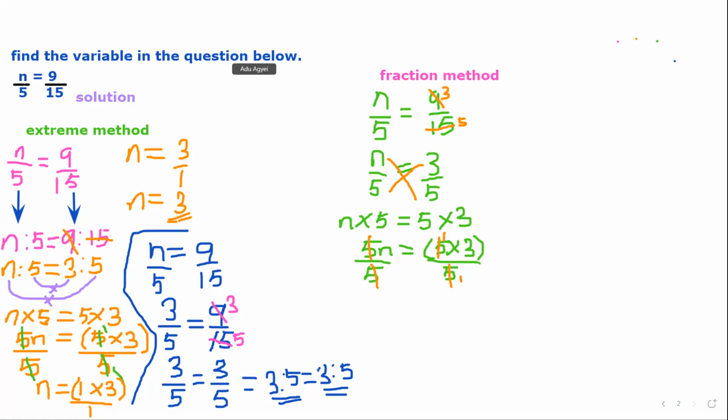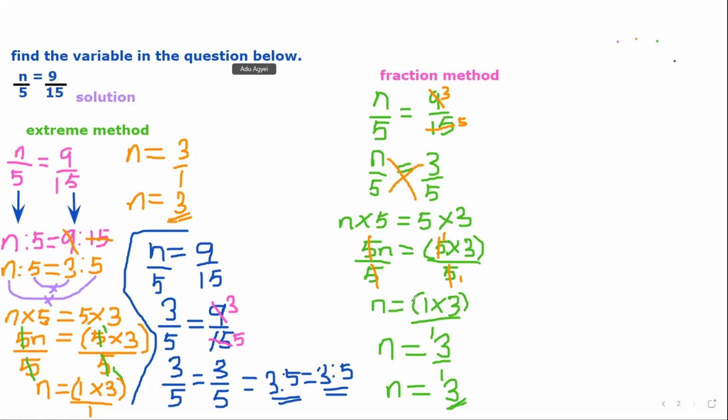Now n is free, so n is equal to the remaining numbers in the bracket, which is 1 times 3, all over 1, and therefore n is equal to 3 over 1. Now n is equal to 3 here. Okay, good.